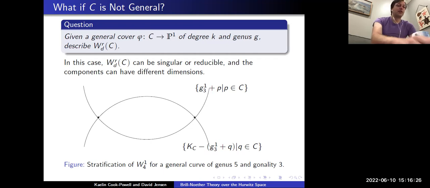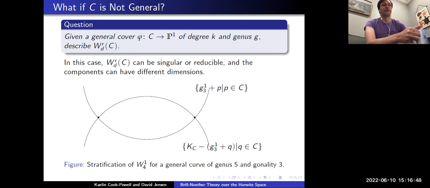If you want a case where it can have multiple components of different dimensions, you can just go up one genus. So look at curves of genus 6 and gonality 3, and then look at W14 for that curve.